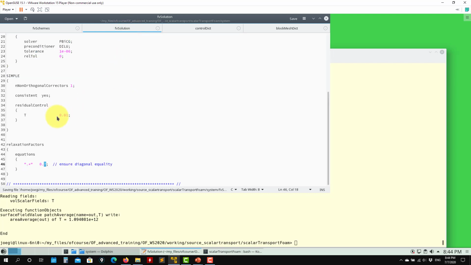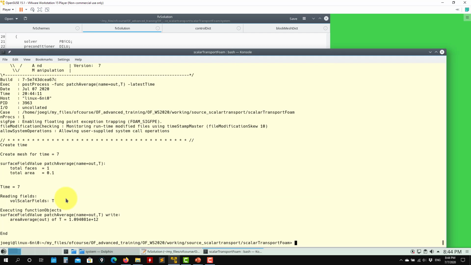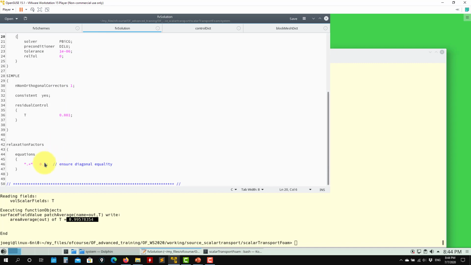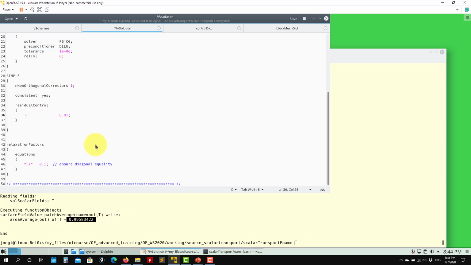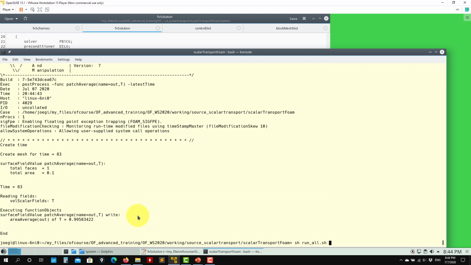Let me reduce the tolerance here to get more accuracy. And if I run, see that I'm close to 1. So see the influence: you go here, 0.1, and again you are there. Remember previously we were putting 0.01, running, and we were far from the solution.